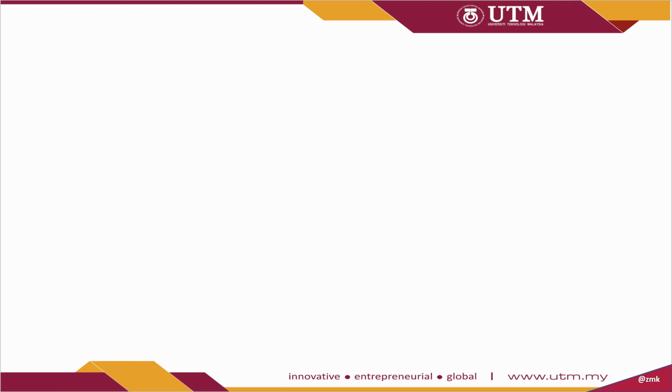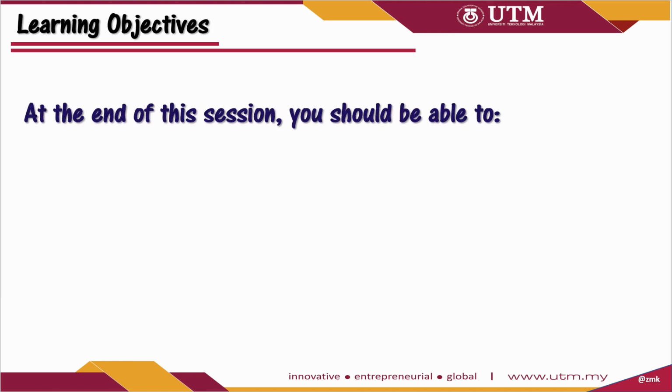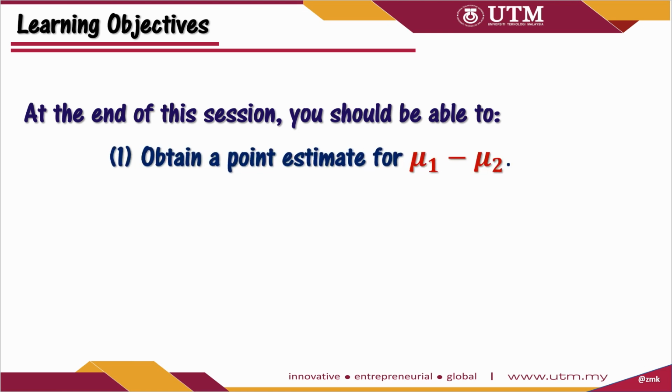Before we explore the content of this topic in detail, let us look at the topic learning objectives. At the end of this session, you should be able to achieve the following three objectives. First, you should be able to obtain a point estimate for a difference in two unknown population means denoted by mu1 minus mu2.